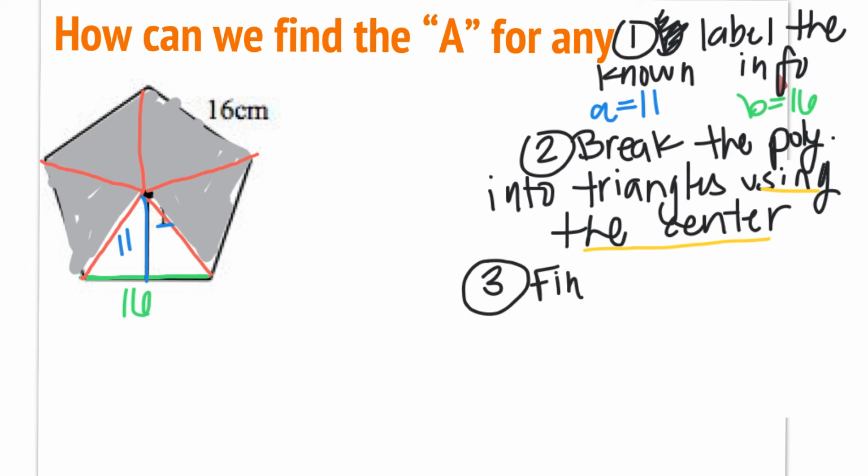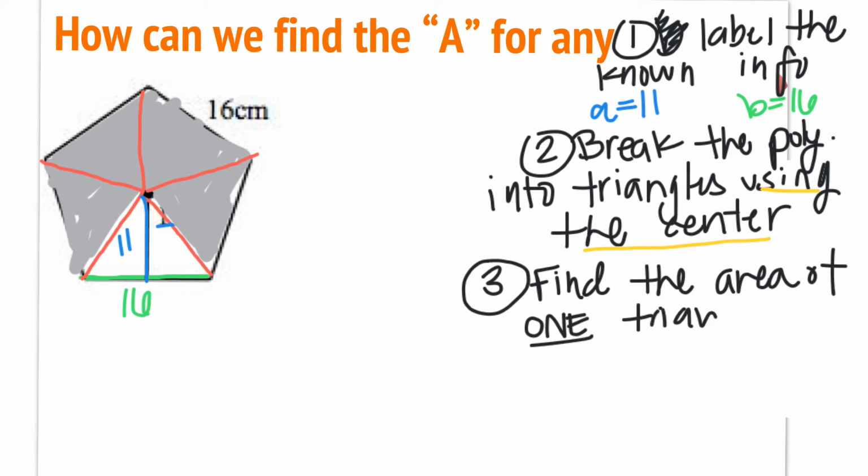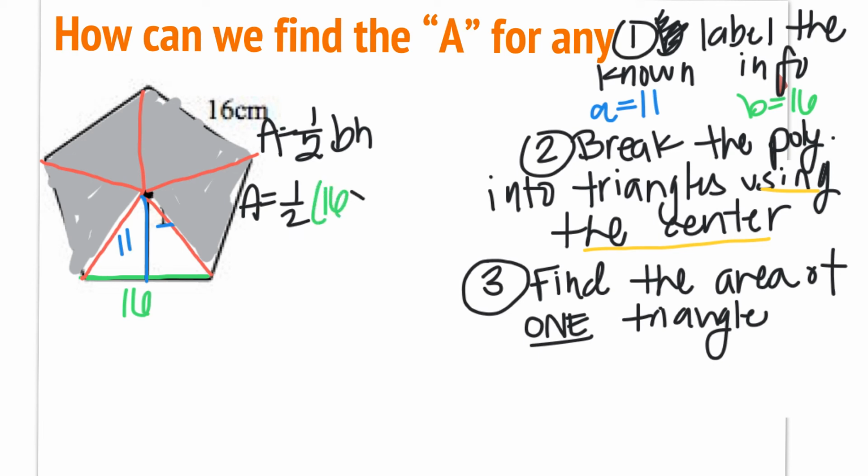So once I did that, which I already did for you, the third step is going to be find the area of just one triangle. Now you see why this will help us in a little bit. So what I'm going to do is find the area of this triangle that I have highlighted right there. So the area is equal to 1/2 of base times height, where in this case the area is equal to 1/2 of base, which is 16, times the height, in this case, is 11.